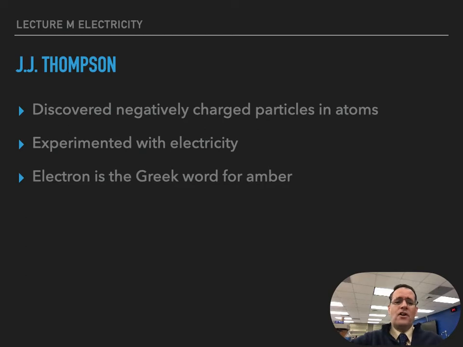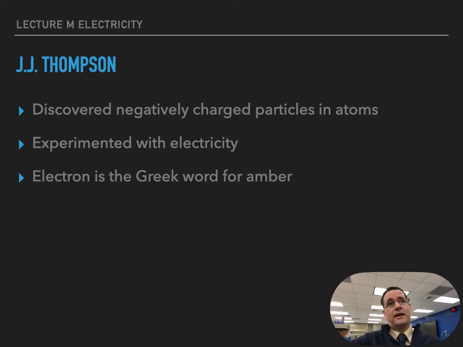Now, he discovered that all atoms and materials are made of negatively charged particles. And he also experimented with electricity and found out that these negatively charged particles are responsible for the flow of electricity. So therefore, he named these particles electron, from the Greek word amber. Okay?